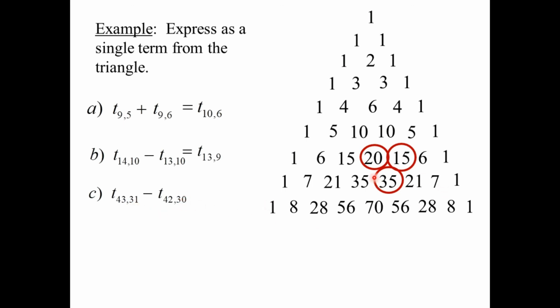So in other words, we're subtracting in this direction, up and to the left. And the result will be up and to the right. But when we go to the right, they share the same term number. So the result of this subtraction will be T sub 42, 31.